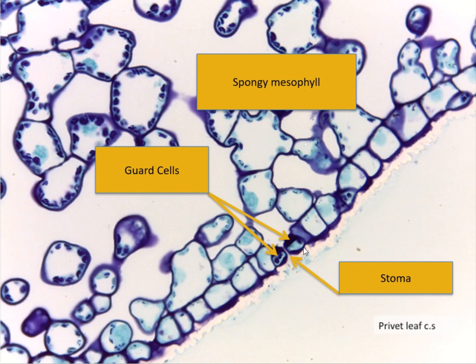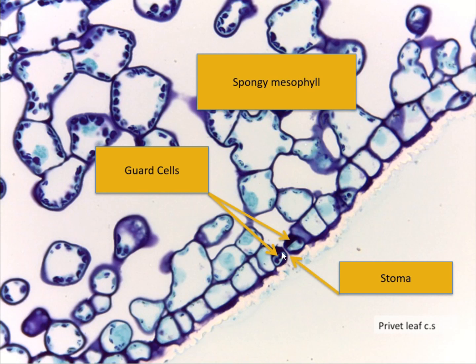Now, this has to be carefully regulated, just like in the human body. The cells that are going to do that are what we call guard cells. That should be easy to remember because they're guarding the entryway that allows gases to come in and out. This small entryway is called the stoma. In next week's lab, we're going to learn about the hormone that regulates the opening and closing of the stoma.